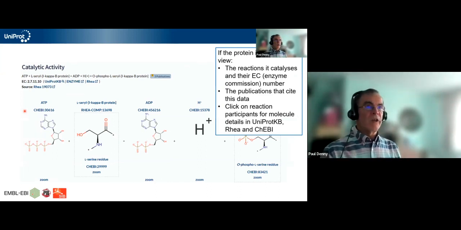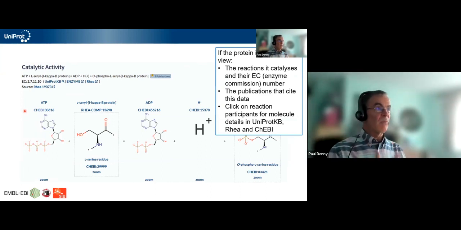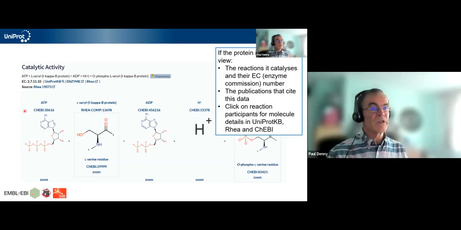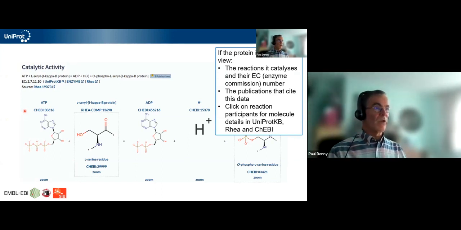If we look at one of these types of information, it so happens that this protein is an enzyme. It's a kinase. And one of the kinds of information which is both imported automatically, but also added manually by curators to entries, is the details of the catalytic activity of an enzyme.